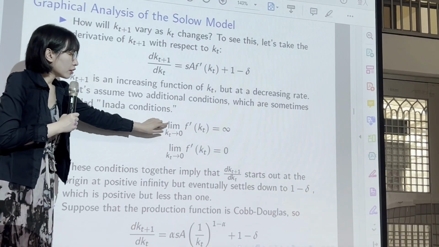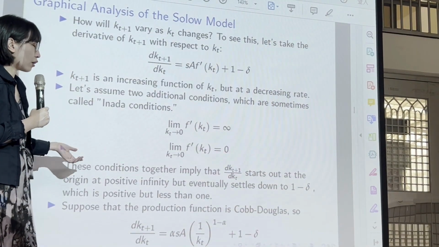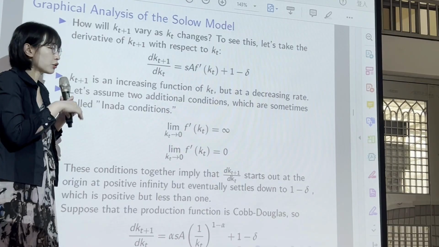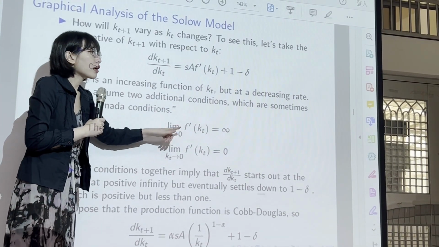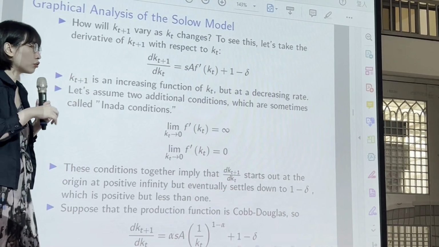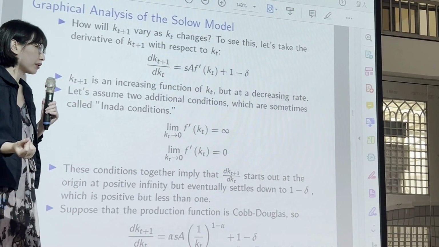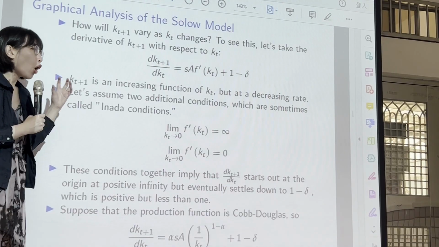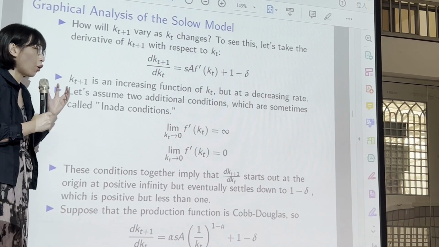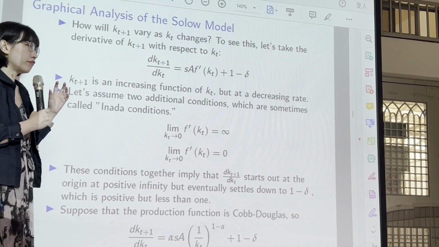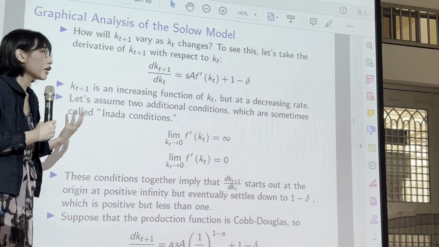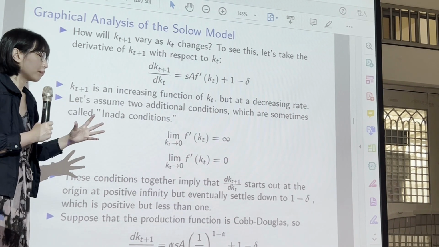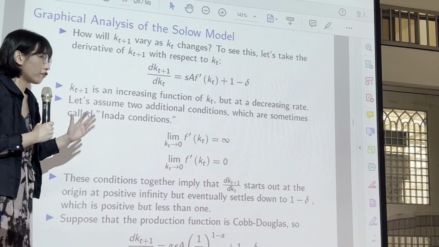The first part of the Inada condition says that once k is really close to 0, then you should observe that the marginal product of capital goes to infinity, okay? This condition holds under various production functions, including the Cobb-Douglas type, so later we're going to verify it, okay?